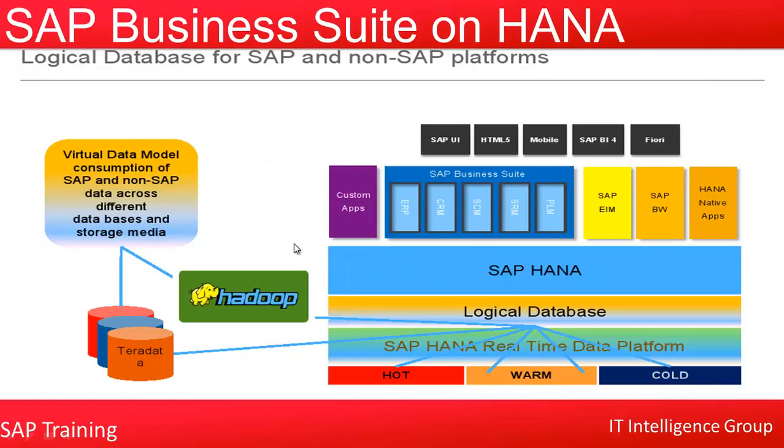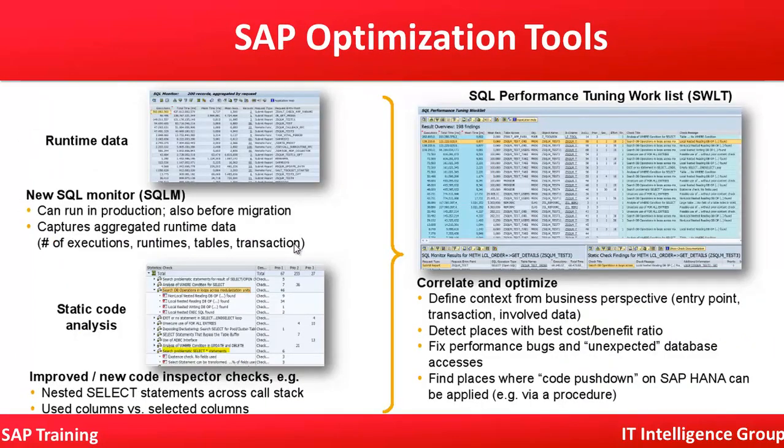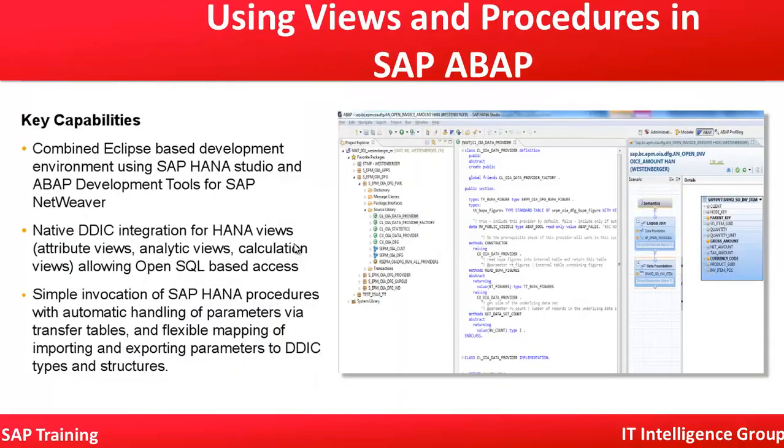This is what we will see: when you use this, you can leverage whatever is available to you. Now this shows what an ABAP test cockpit is, how you can do your unit testing, and your functional, usability, performance and security analysis. We will see these things in detail. Another important one is SQL Monitor, which you can use to find out where the performance bottlenecks lie when you migrate to HANA, and how you can fix them.